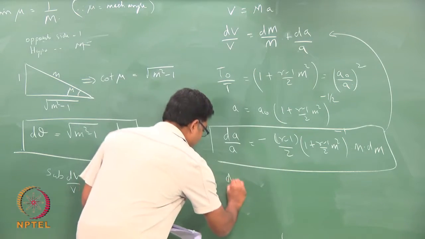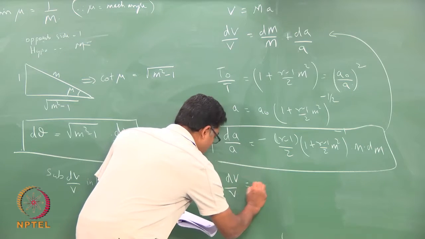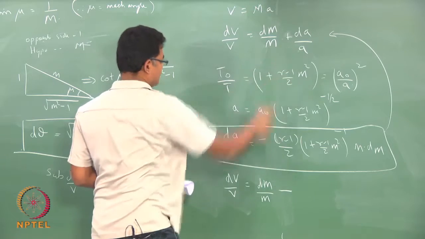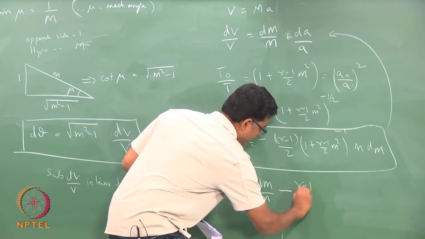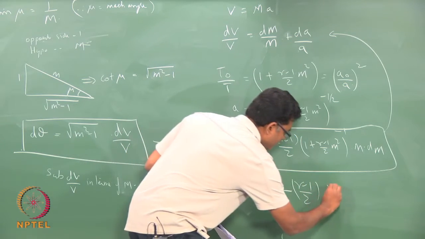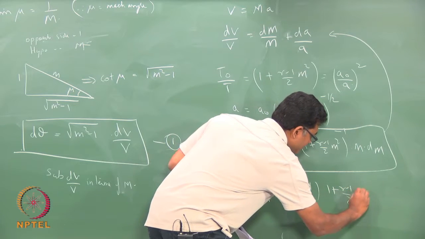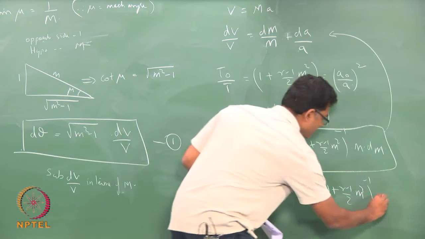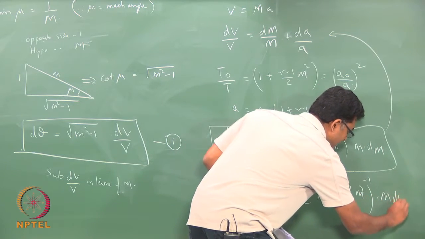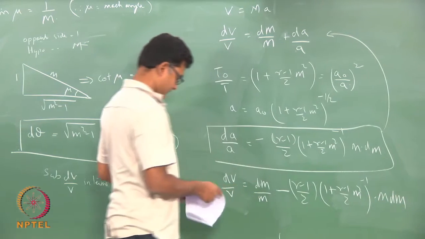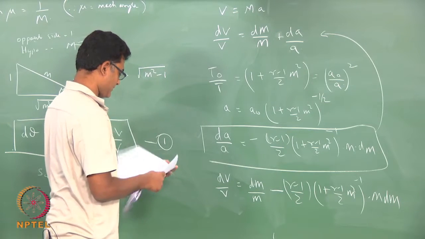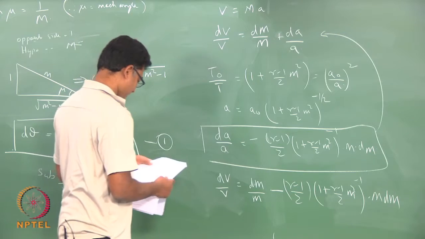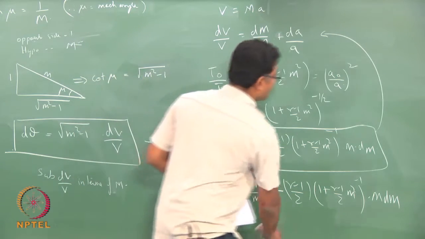So, I would get dV by V to be dM by M minus this quantity, which is gamma minus 1 by 2 into 1 plus gamma minus 1 by 2 M square to the power minus 1 into M dM.